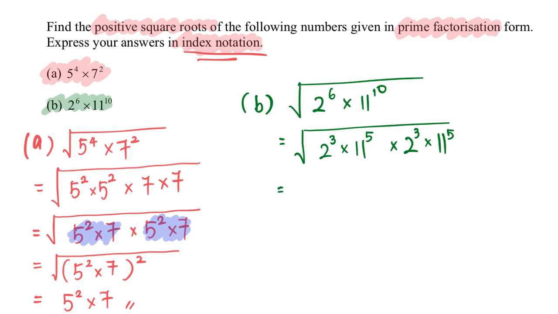Because you can see that 2 power 3 and 2 power 3 will give me back my 2 power 6. 11 power 5, 11 power 5 will give me back my 11 power 10.